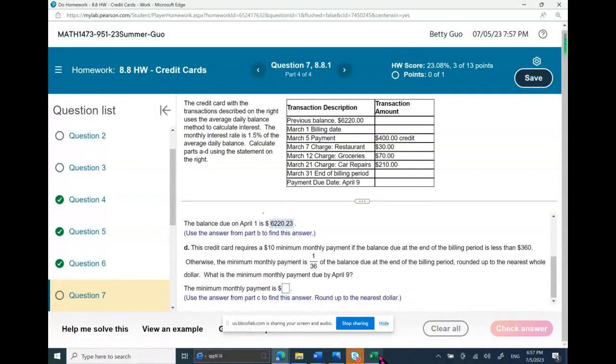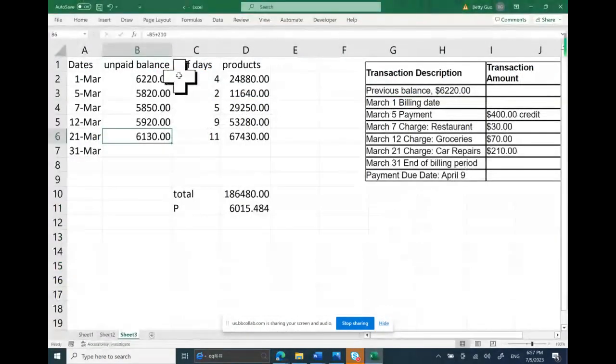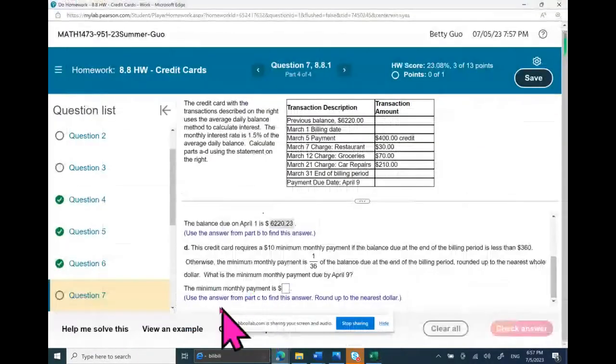At the end of the billing period, 6,130 divided by 36. That's the minimum payment. Let's enter that. Use the answer from part C. From part C. Hold on.